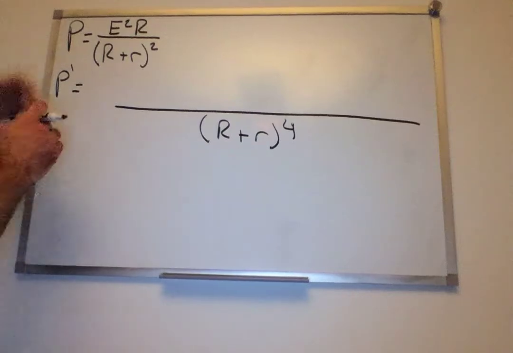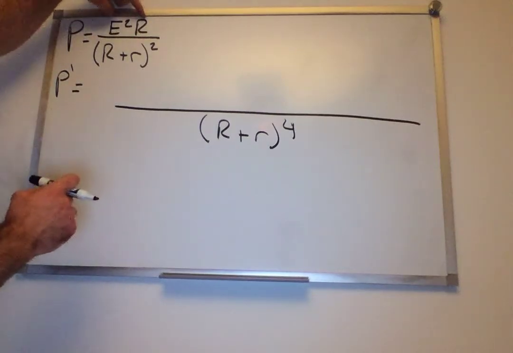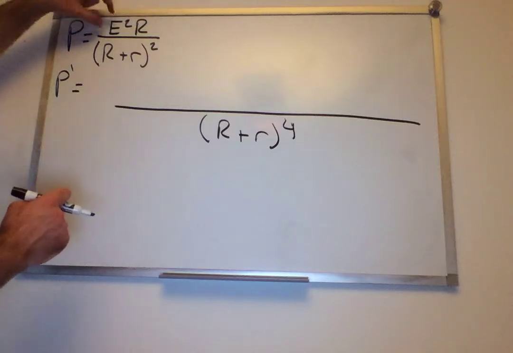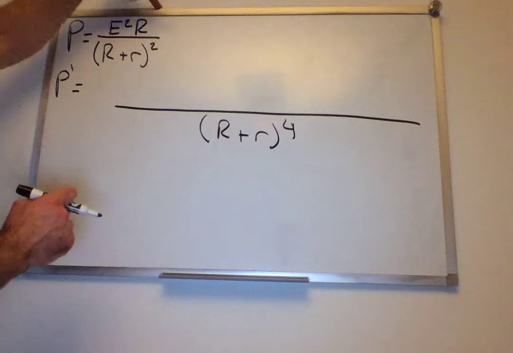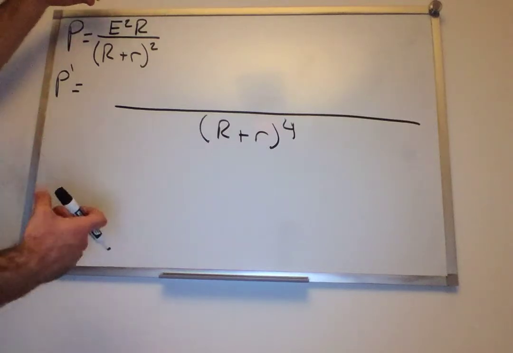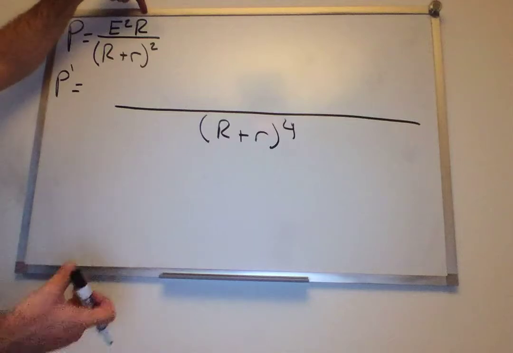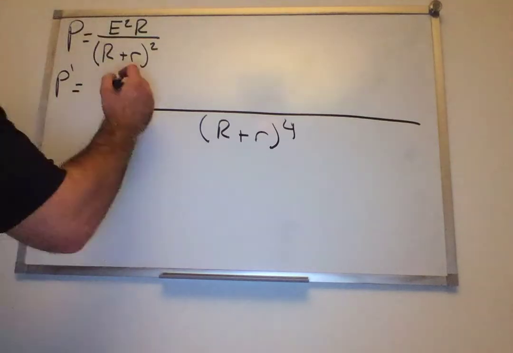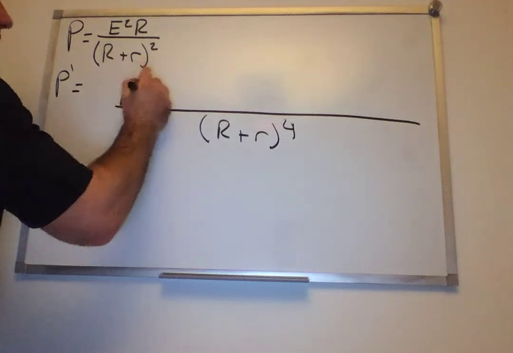So, derivative of the numerator times the denominator. On top, it's a linear function. This E squared here is just a number. Number times x, just like if you were to think about it with x's. So the derivative of x is just 1. The derivative of R is just 1. So we just get E squared.